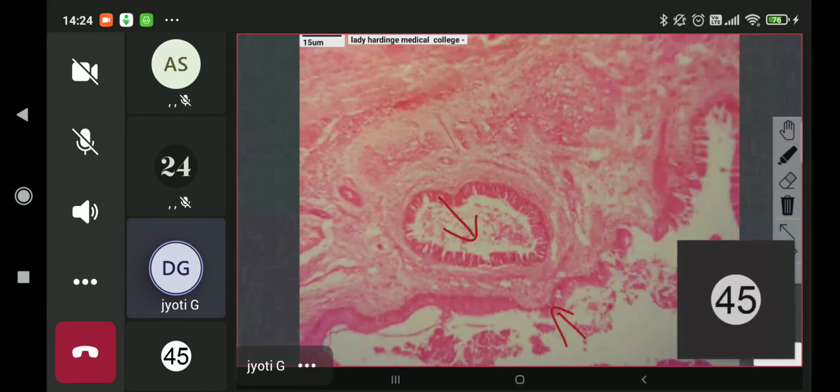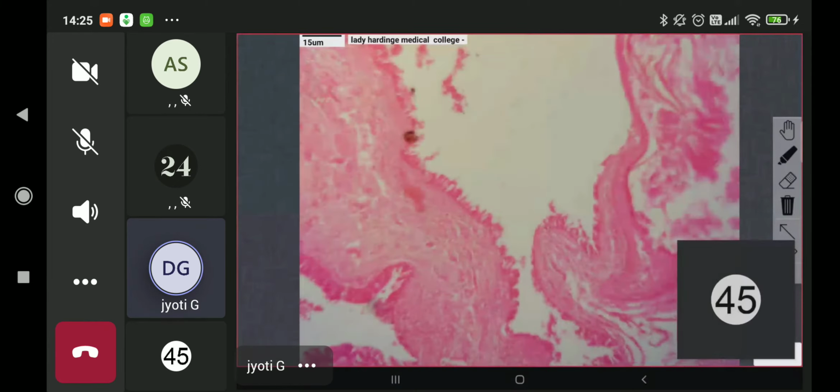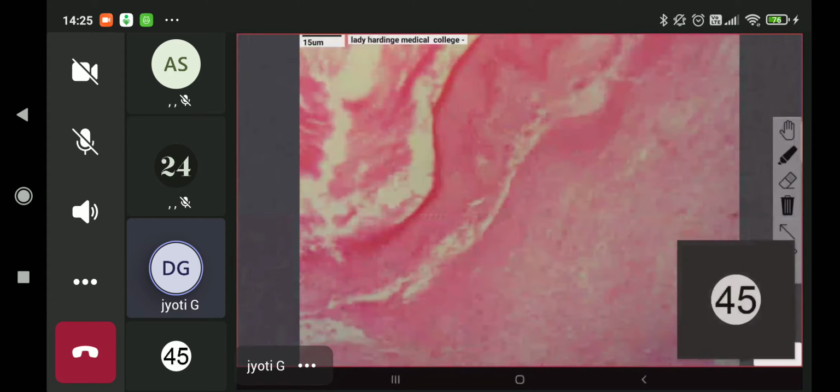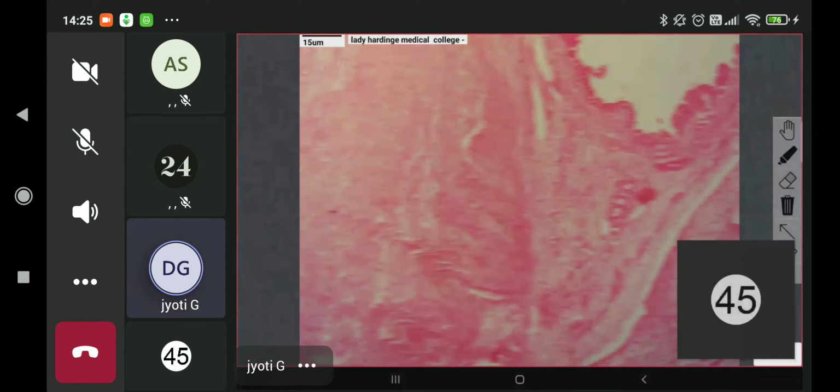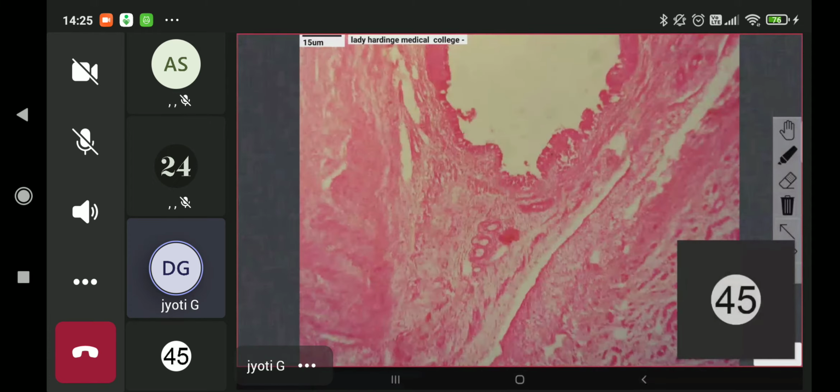Right? Lined by ciliated columnar epithelium, respiratory type epithelium. So all this glandular tissue is derived from endoderm. Okay, you can see intestine type, you can see mucus glands also, you can see respiratory type, you can see thyroid follicles also. So different kinds of glands you can see.